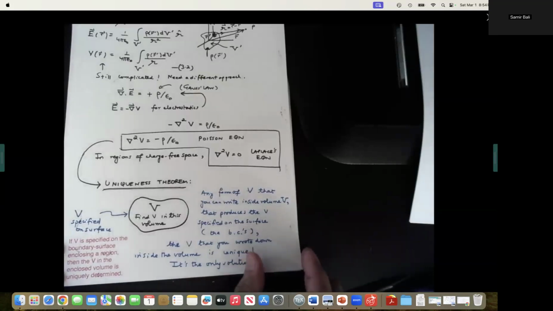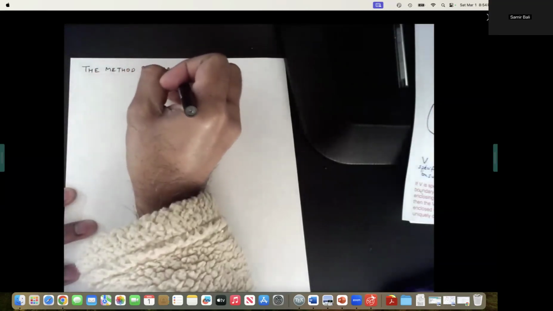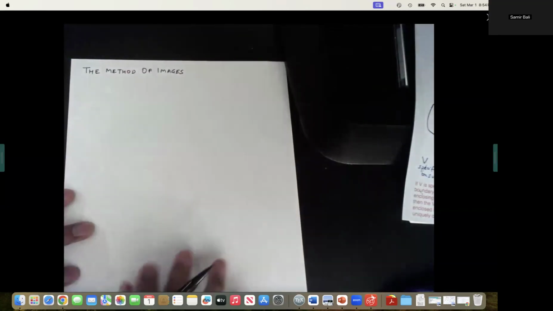Okay, so let's start. The first method is called the method of images, which works in certain situations. It works usually if you have a point charge involved, and this point charge is brought near some kind of conducting plane or sphere or things like that.